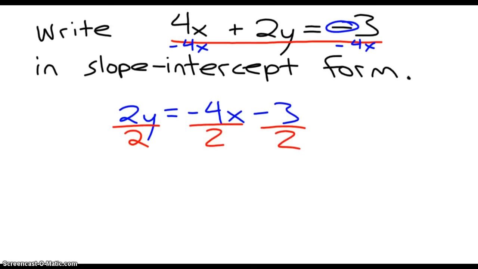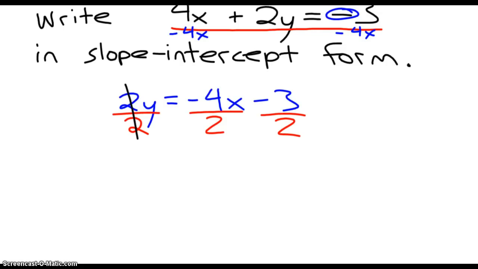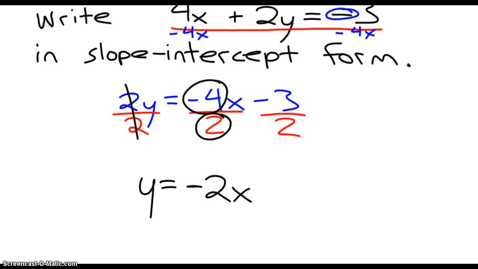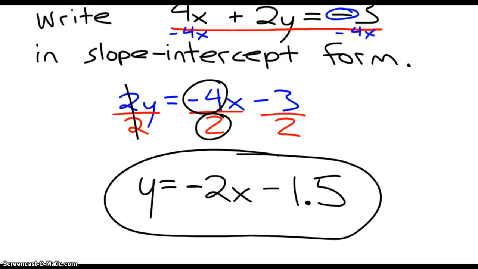So we've got some options here. We now have y equals, and I can do negative 4 divided by 2, which is negative 2x, and then minus 3 over 2. I could leave it just like this, or I could say minus 1.5. And this is my slope-intercept form, meaning my graph would cross y at negative 1.5.